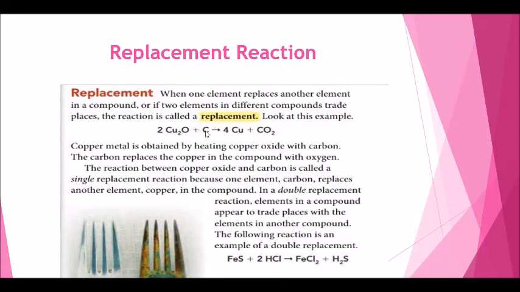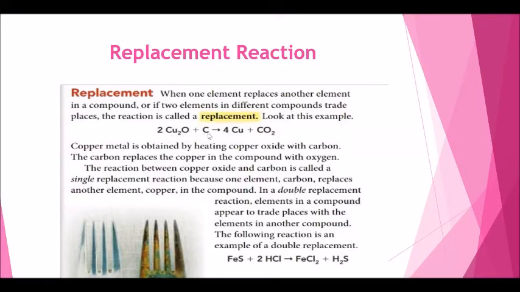In this example, carbon replaces the copper in this compound, which is copper oxide. Here we have copper oxide plus carbon equals copper plus carbon dioxide. What happened in this chemical reaction is that the carbon replaces the copper in the compound of copper oxide.